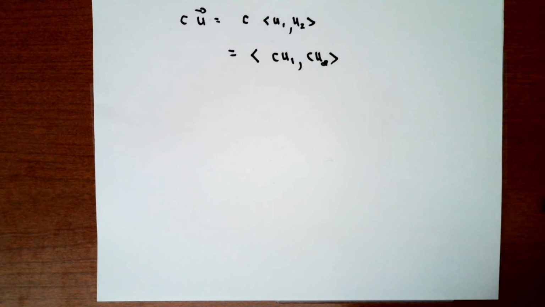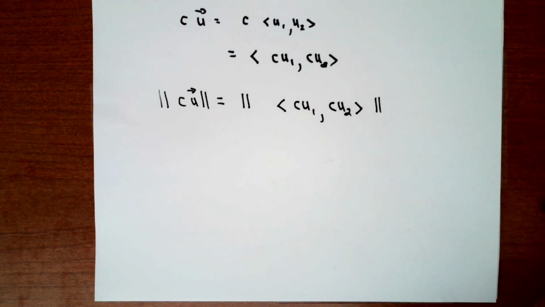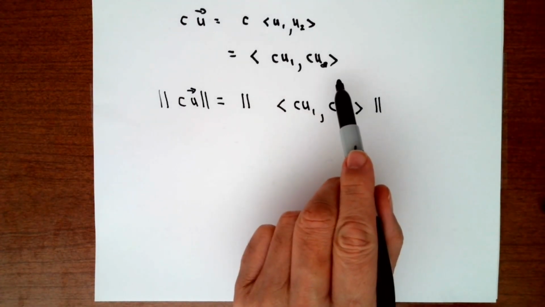We more or less have an idea of what the length of that's going to be, but I want to do a calculation that shows that. The magnitude of c times u is the magnitude of this vector.